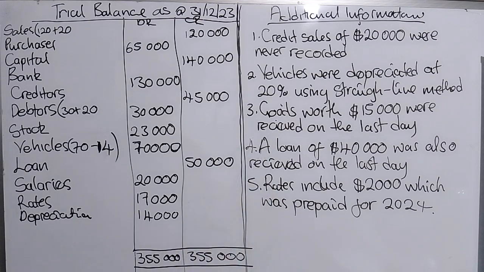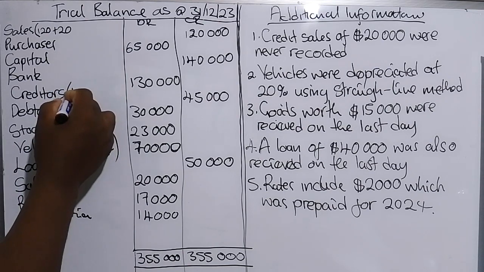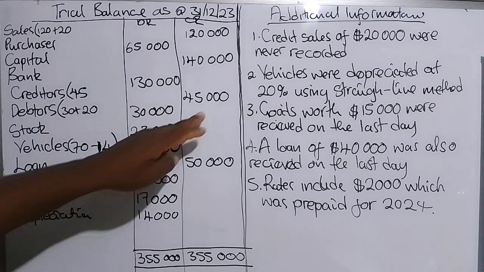Now we move on to the third statement, which says goods worth 15,000 were received on the last day. Now we are on the last day and we received goods worth 15,000. So what are we going to do? We have not paid for these goods because we just received them. So our creditors, the people whom we owe, are increasing. We have 45,000 already for creditors.